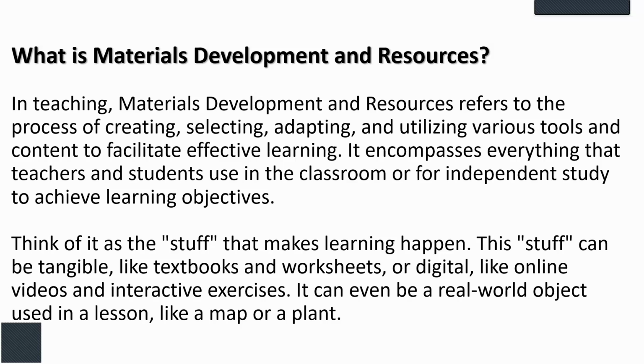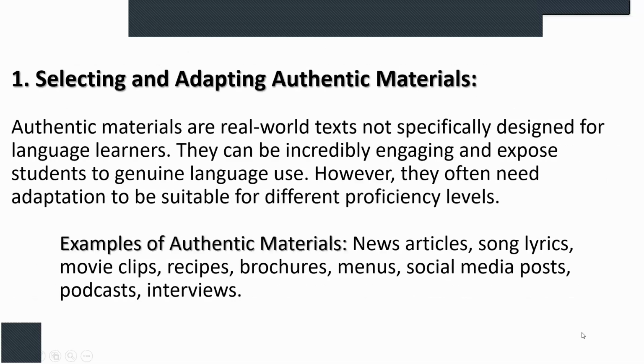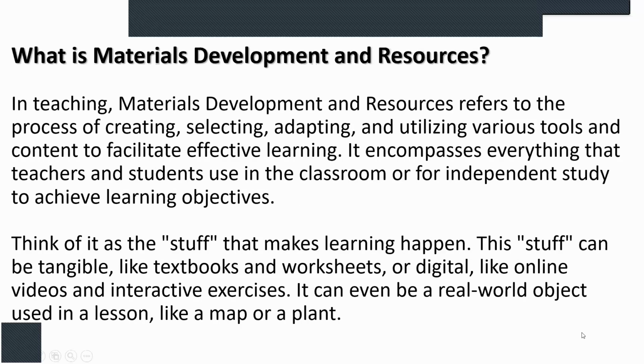There are three types of resources teachers can use. One is tangible things like textbooks and worksheets. The second is digital stuff, like online videos. The third is real world objects. Let me underline it.